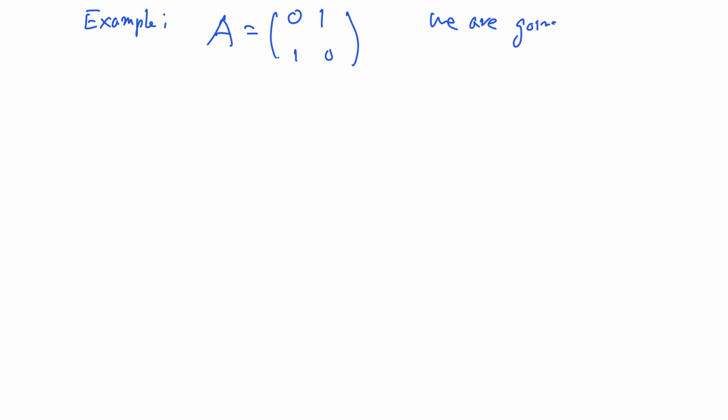Just an example. A is 0, 1, 1, 0. This matrix must be familiar to you because we considered this the last time. And we are going to consider the Hermitian matrix only for now.